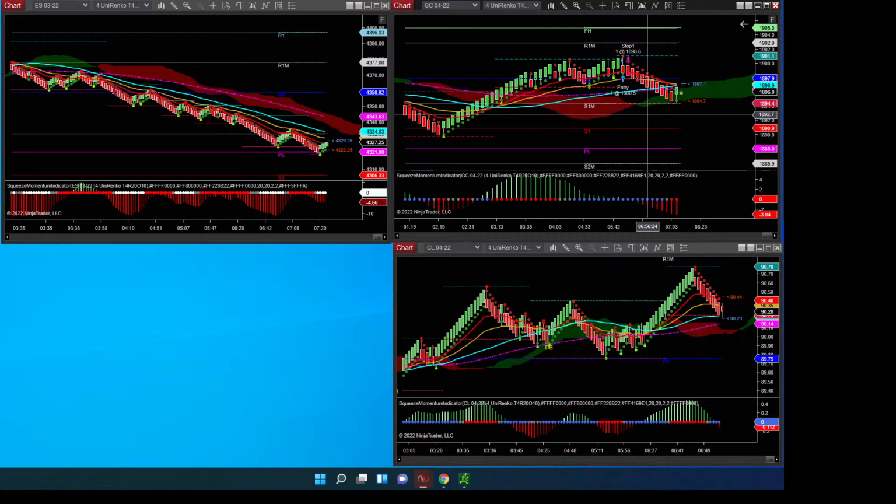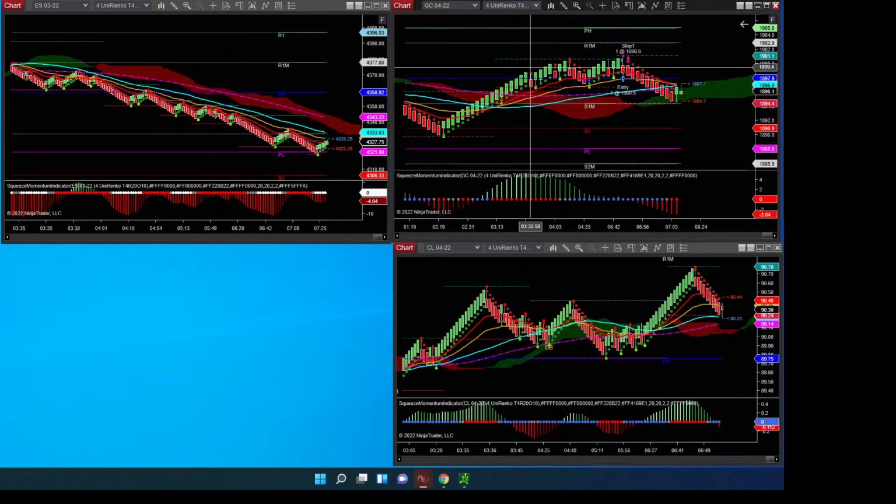On the higher time frame, the cloud is above the moving average, but we do have the 200 just below it as well. When I say higher time frame, I'm referring to the Renko 8.